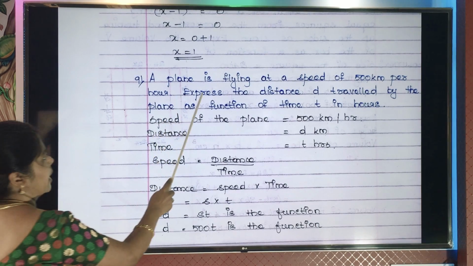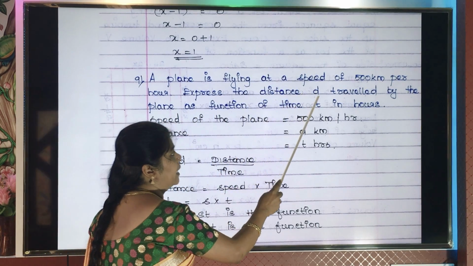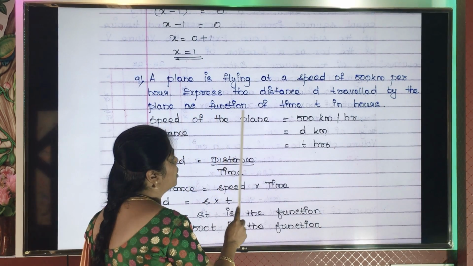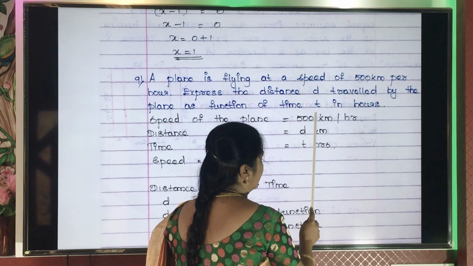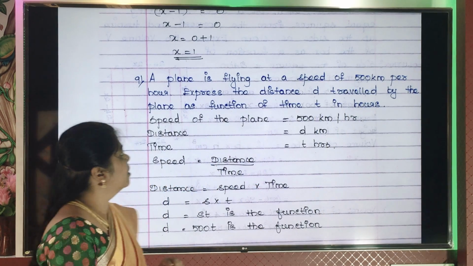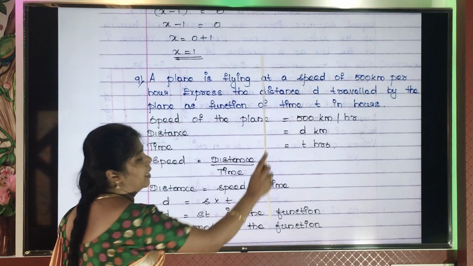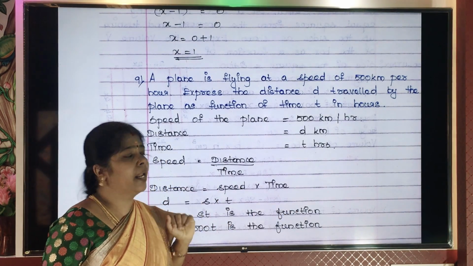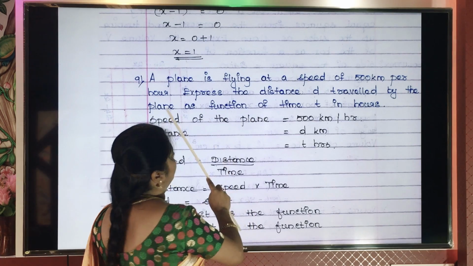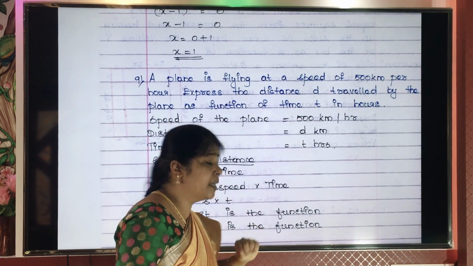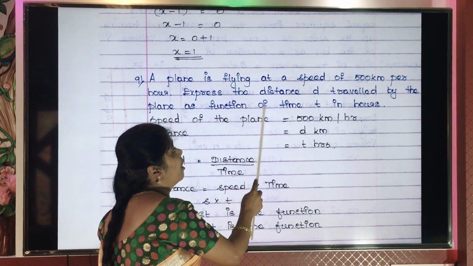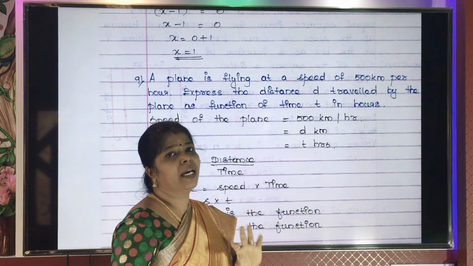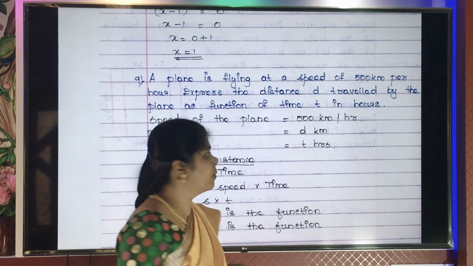Now the question is, express the distance d traveled by the plane as function of time t in hours. We need to express the distance traveled by the plane. How we need to express? As function of time t. In terms of time, we need to express the distance. So this is the question.